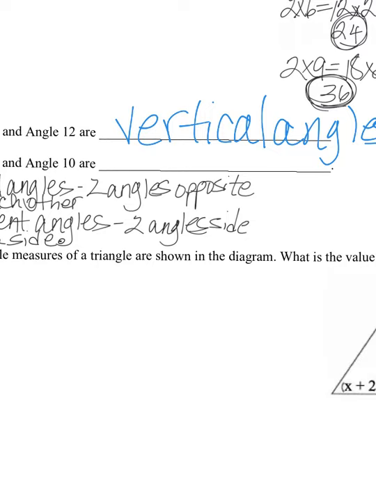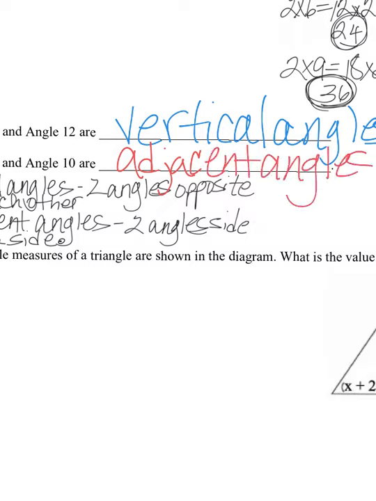Angle 9 and angle 10, angle 9 being this one here that I'm marking with red now, and angle 10, it's obvious they are side by side. So they are adjacent angles. Remember, vertical angles are two angles opposite each other. Adjacent angles are two angles side by side.